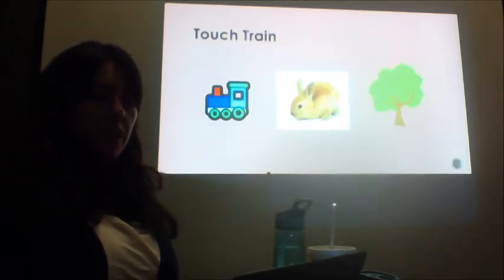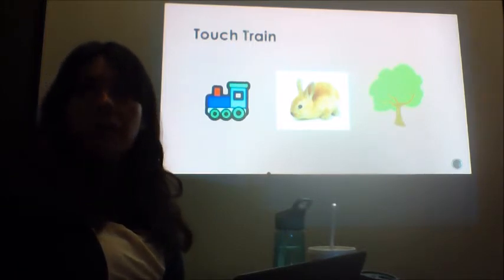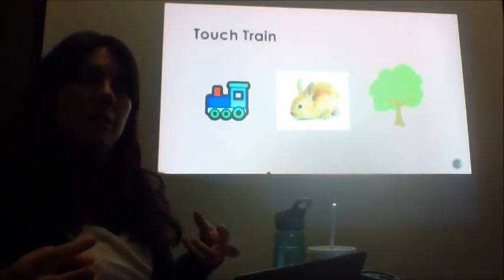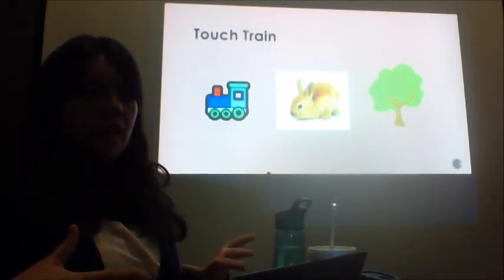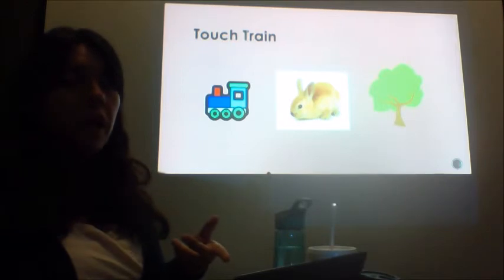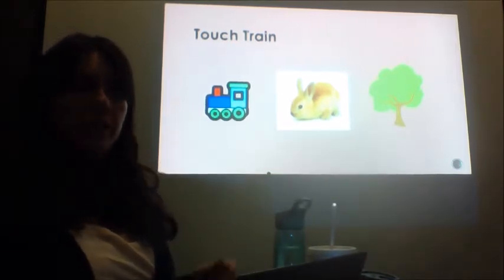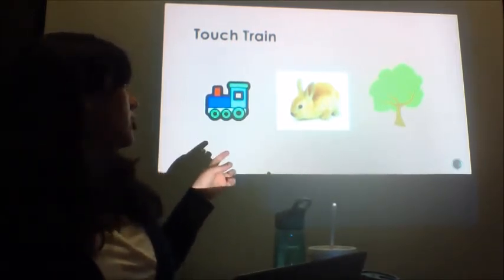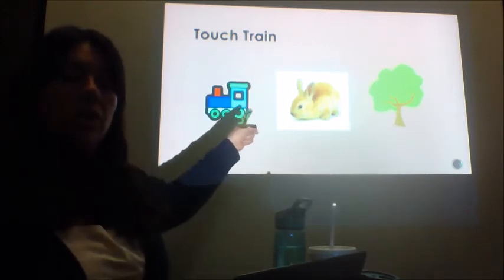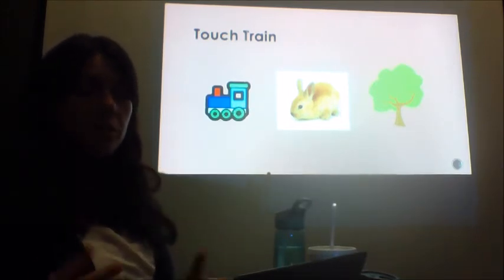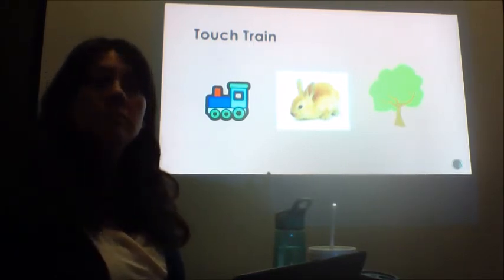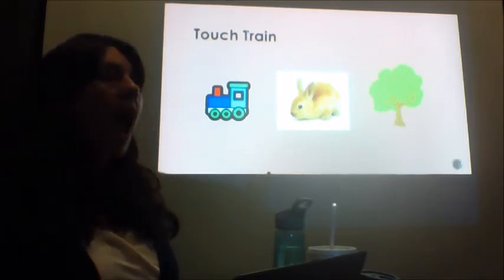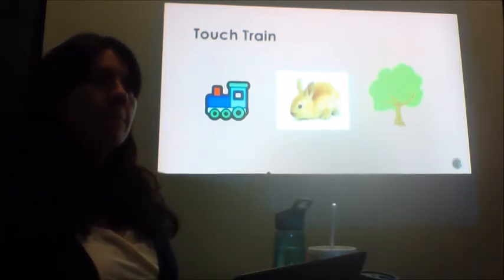So say we call a kid has mastered a skill when they get it 80% correct for 3 days. Say you're trying to teach train and these are your stimuli, so every day you pop them out and you say, touch train, and they start getting it right. They start touching train. What's the problem there? Well, you've got a live picture, and the bunny has the square around it.